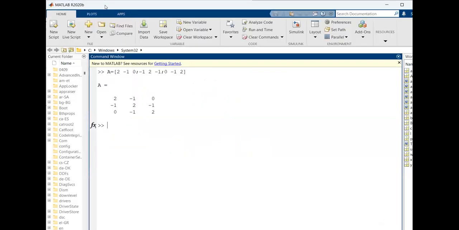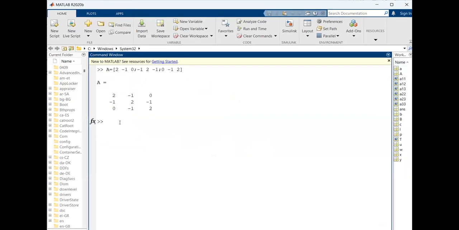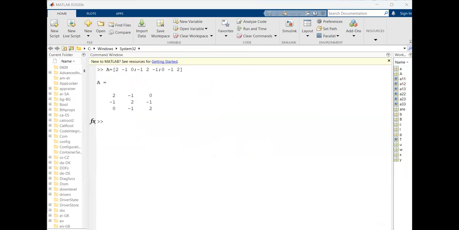So if we have such a matrix, we know that it is symmetric, right? And it is also positive definite because we checked already that we can use the determinants of the leading principal matrices. If they are all positive determinants, then we can say that the matrix is positive definite.